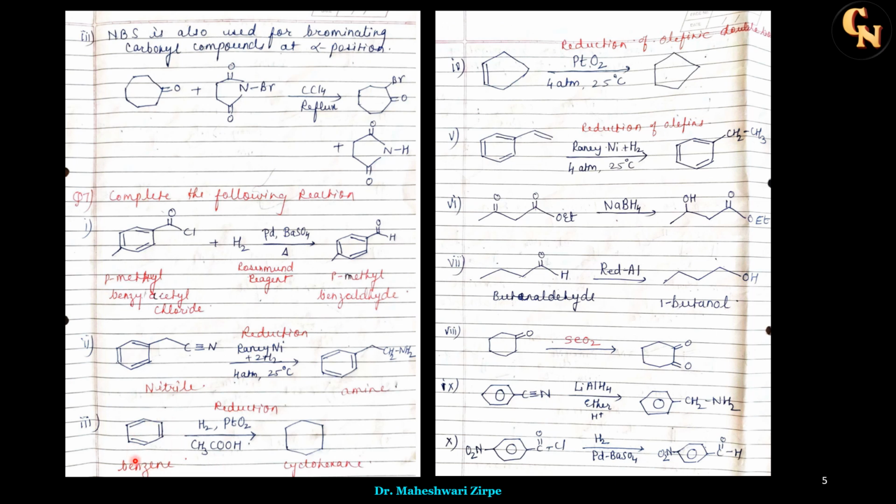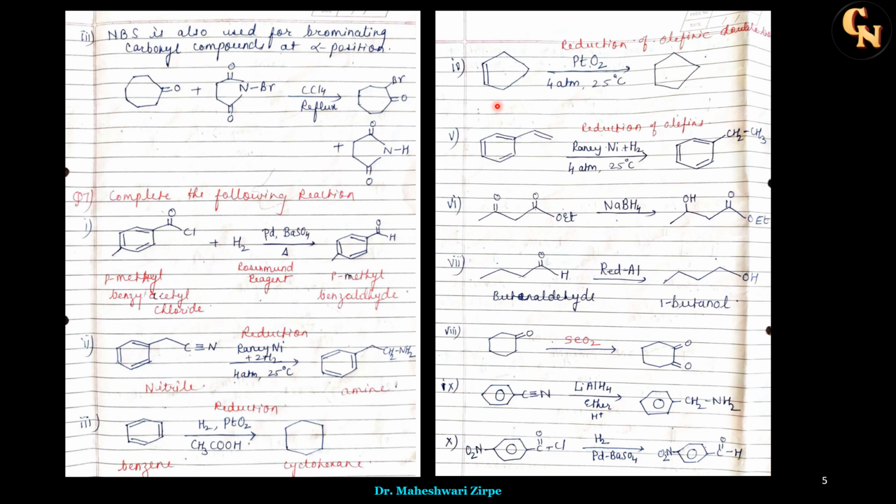So all the pi bonds of the benzene ring have been reduced and we get the answer, that is cyclohexane. So the aromatic ring has been converted into cyclic saturated hydrocarbons.